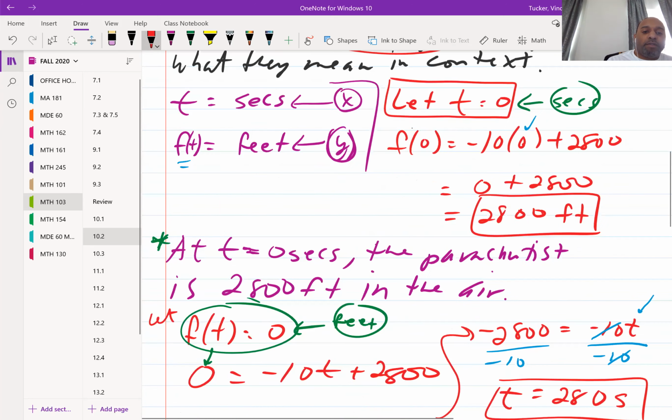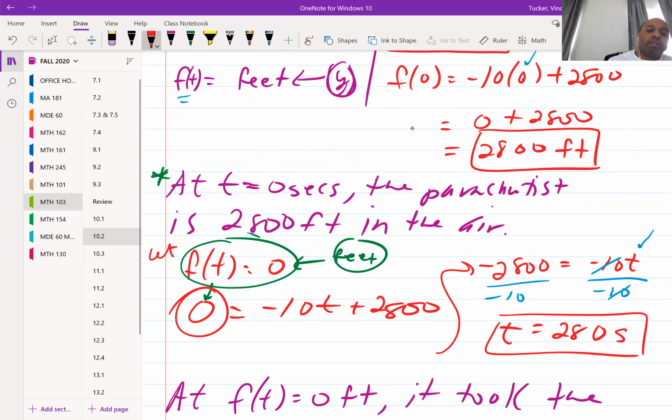And so that's why I have 0 right there. We let f of t be equal to 0. In other words, that represents your feet. So when the feet is 0, what does that mean? Before we explored when t, our time, was 0, no time has passed. Now we're looking at what it means for feet to be 0.